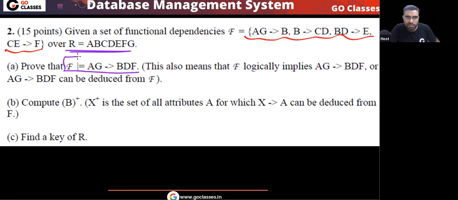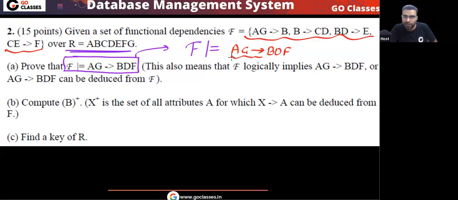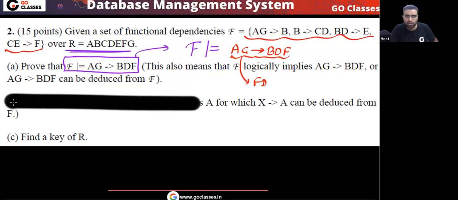This is your set of FDs; from it, prove that you can derive this FD. So tell me, how will you solve this first part?